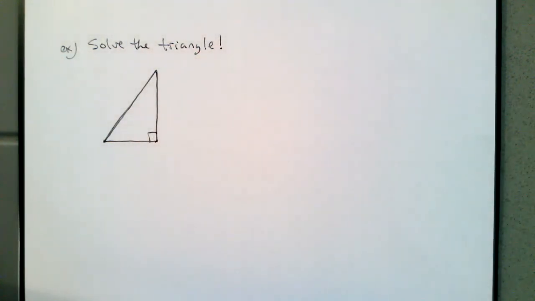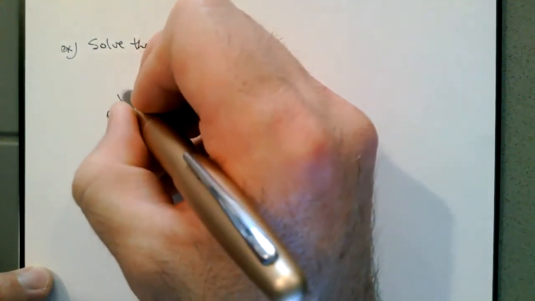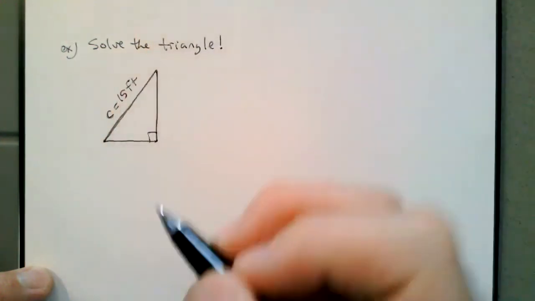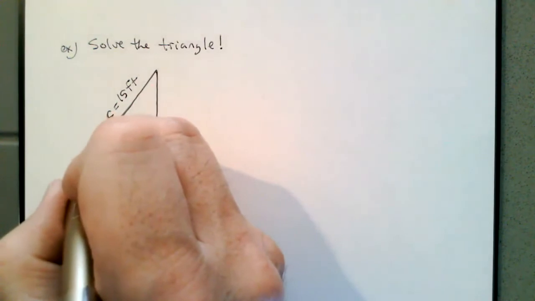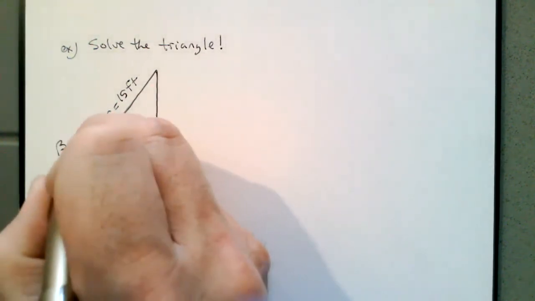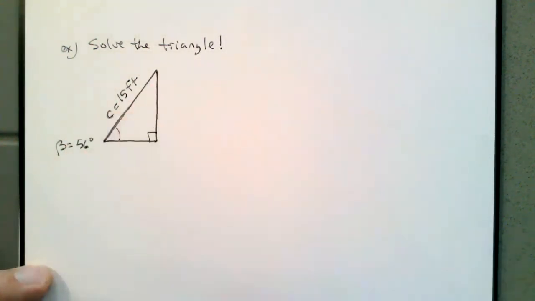I've given you one of the pieces of information. This is a right triangle, so one of the angles is a 90-degree angle. In this problem, I'm going to say that the hypotenuse, using our standard labeling, is 15 feet, and this base angle here, let's call that beta, is 56 degrees.